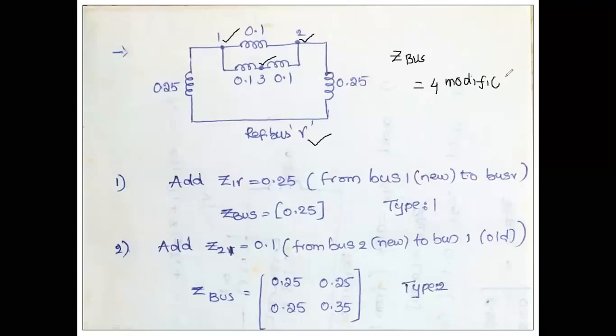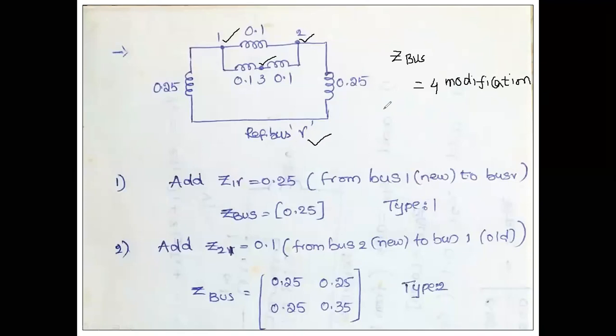So type 1 modification, type 2 modification, type 3 modification, etc. You need to determine the Z bus new in sequence-wise. First of all, you have to start your calculations by considering type 1 modification.